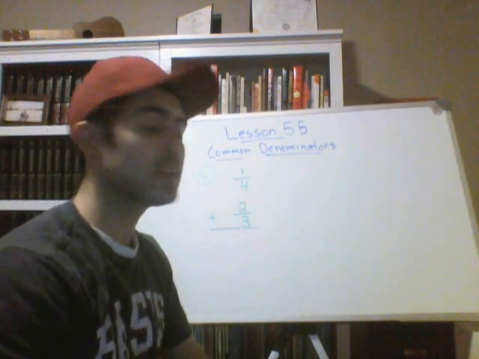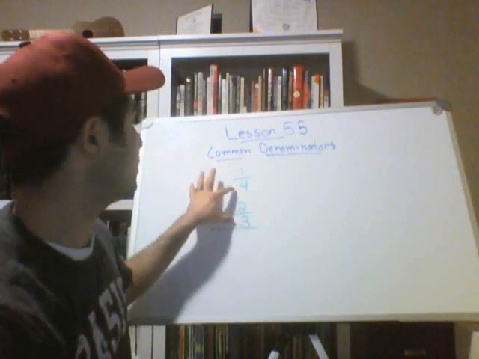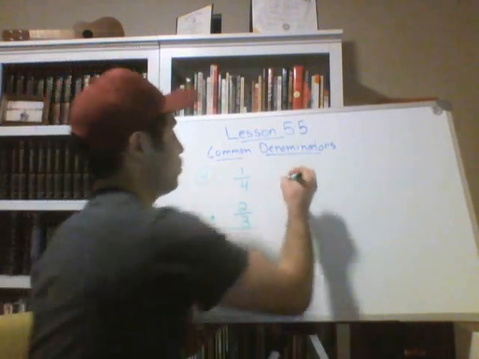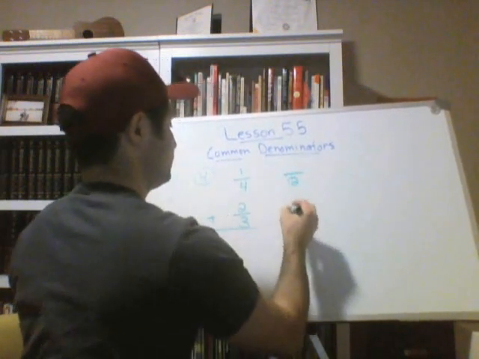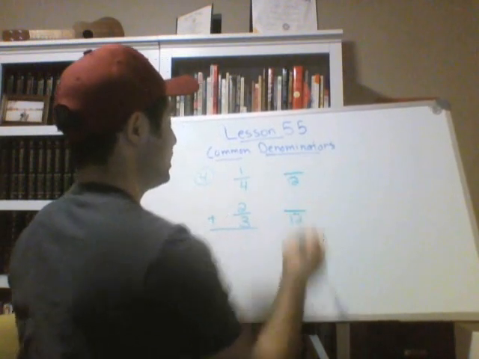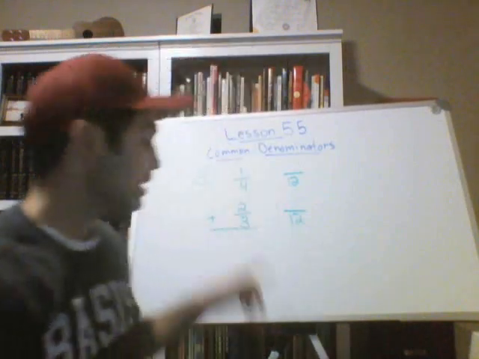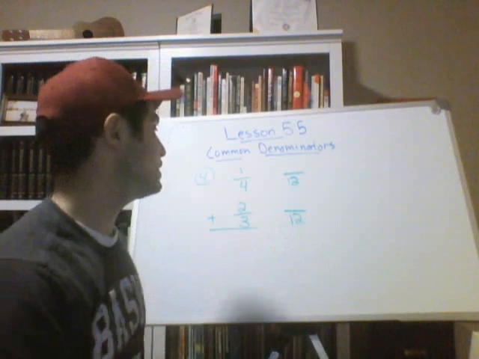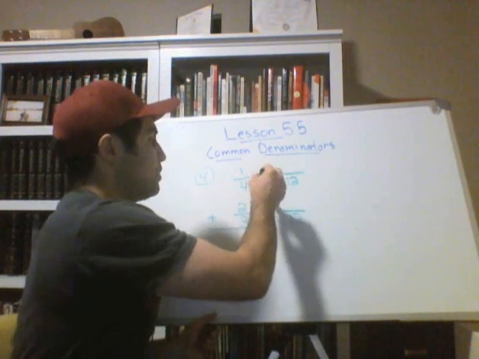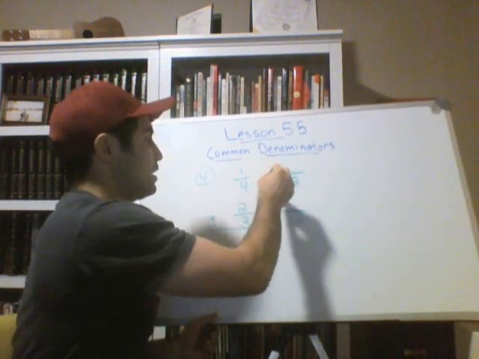You're going to think least common multiple. Well, the least common multiple of 3 and 4 was 12. So I'm going to rewrite equivalent fractions for 1/4 and 2/3 that have a 12 as the denominator. So what number times 4 equals 12? Well, that number is 3.